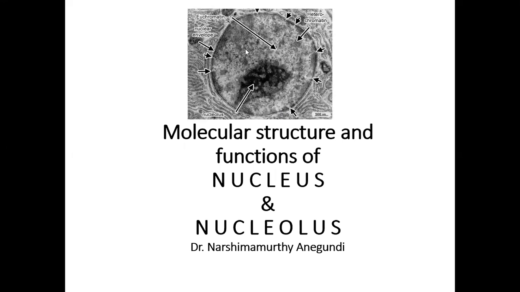As you all know, the euchromatin region is where you can see active transcription, and the picture is of an interphase nucleus, that means the nucleus of a cell when it is not in a dividing phase.